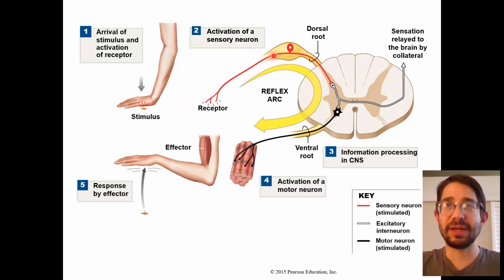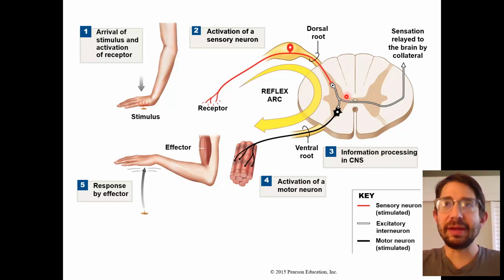So here we've got that information coming in, and look, building off of our cross-section of the spinal cord from before, we can see all the usual suspects, the H of gray matter, the white matter columns, the dorsal root ganglion, and so on. So when that information arrives, number 3 is information processing.